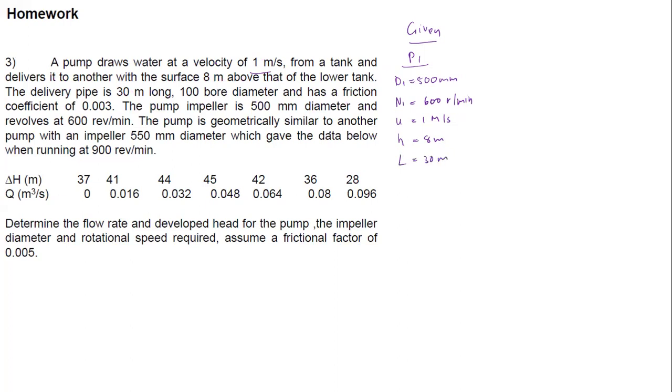And we are also provided with the bore diameter. They say the delivery pipe is 30 meters long, 100 bore diameter, and has a friction coefficient of 0.003. So we are given the diameter bore to be equal to 100 meters.